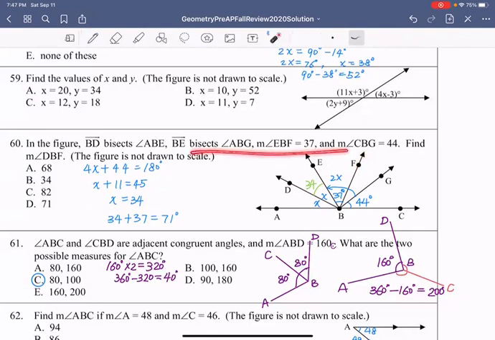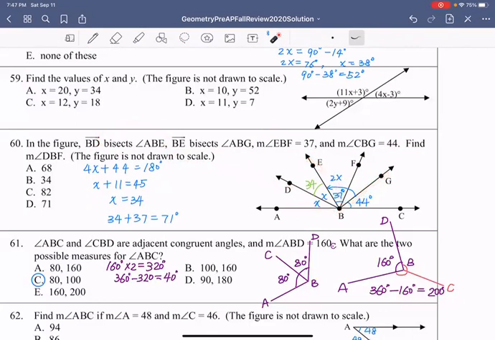So I'm showing all the students the way of working on those kinds of long questions. When you read, don't just read until the end. You read here, you mark it: BE bisects this angle.